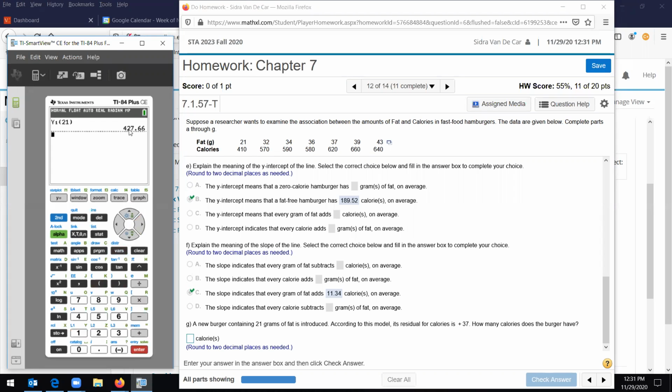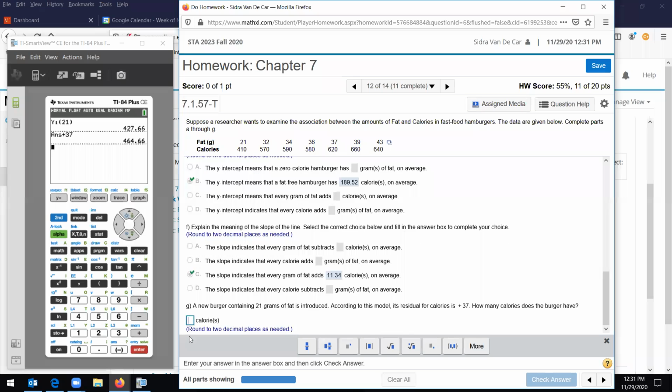So the model predicts 427.66 calories, but its residual is 37. So 464.66.